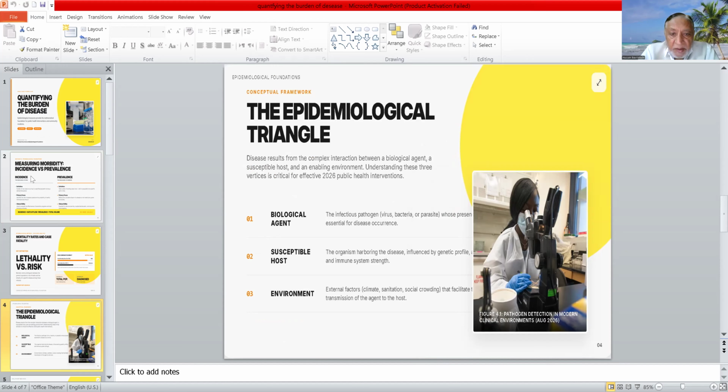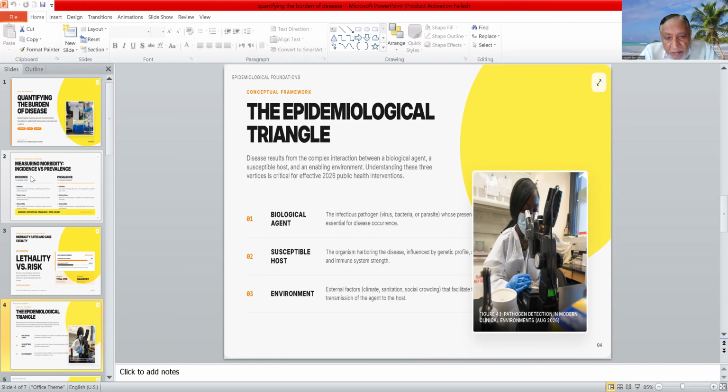Then the epidemiological triangle: we have the environment, we have the susceptible host, and we have biological agents. Disease results from the complex interaction between a biological agent, a susceptible host, and an enabling environment. Understanding the three vertices, meaning angles, is critical for effective public health intervention.